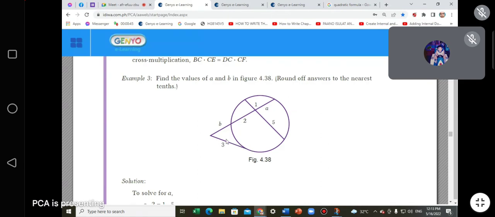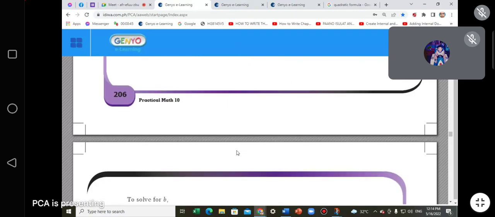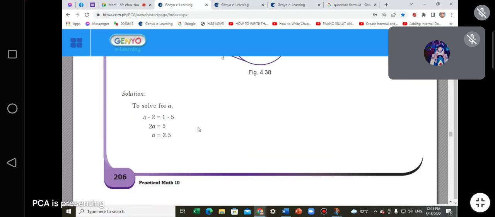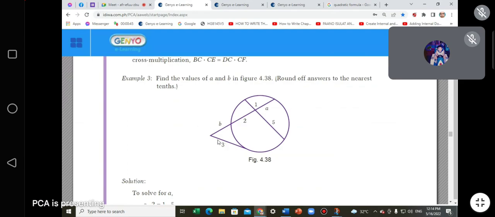The formula will be square the 3. Is it squaring the 3? Yes, it is square the 3. And then what do I need? I square the 3 is equal to, what part of this secant do I need?